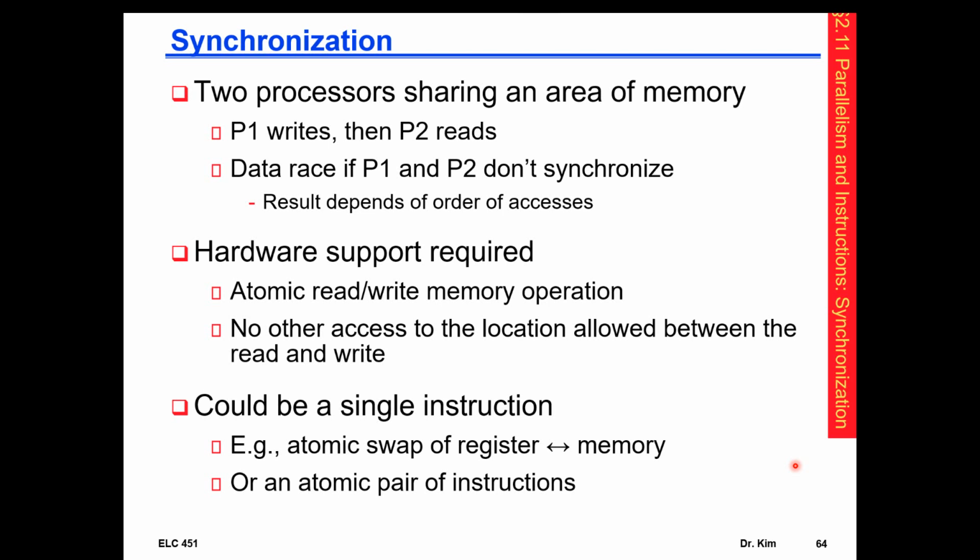Again, the idea is just to guarantee that one processor is not accessing data that is being modified by another processor without its knowledge and not being able to do anything about it, which will result in faulty program execution.